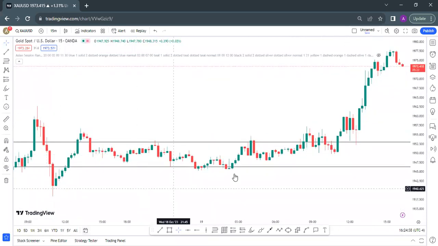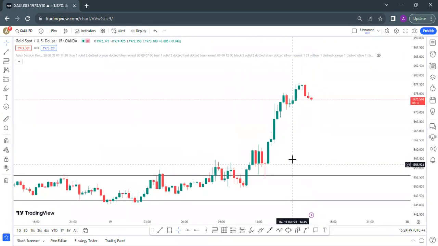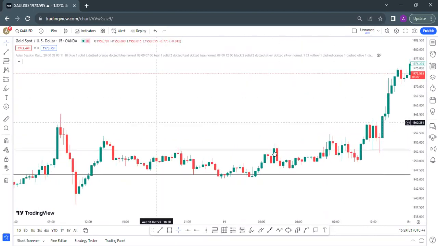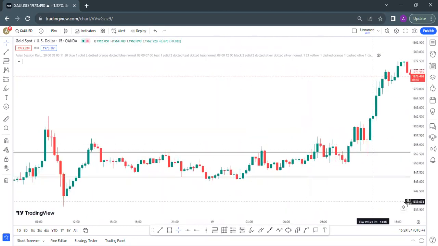But it seems all these are valid pullbacks from what we learned previously. This is the same. This is also the same. Okay, let me take another pair and let's see.